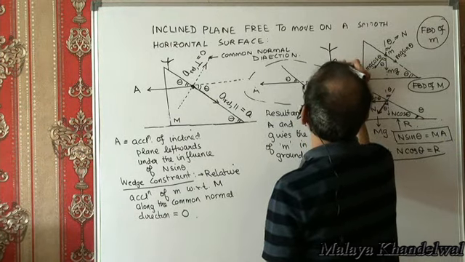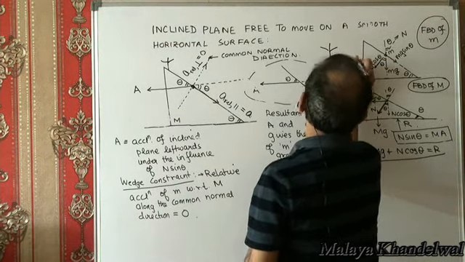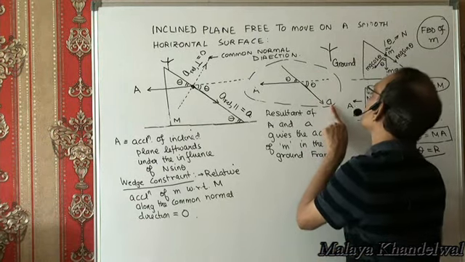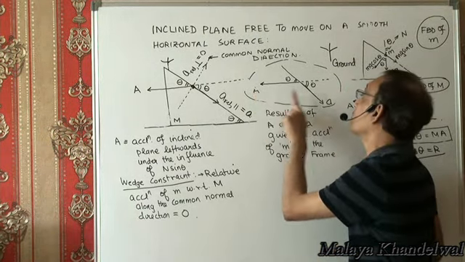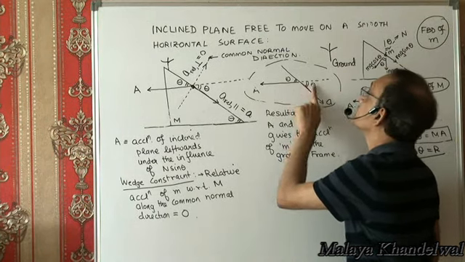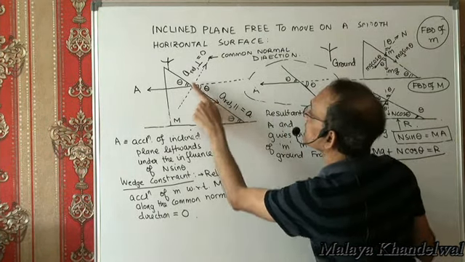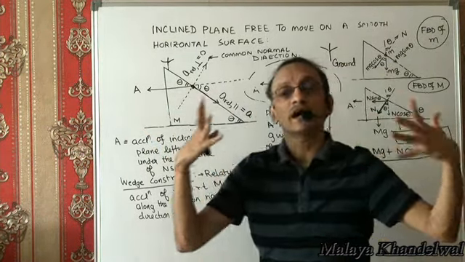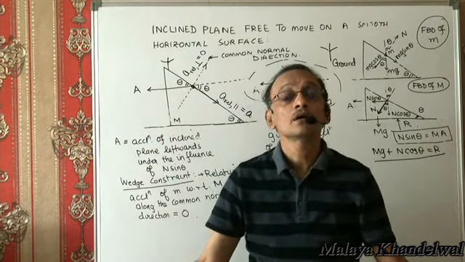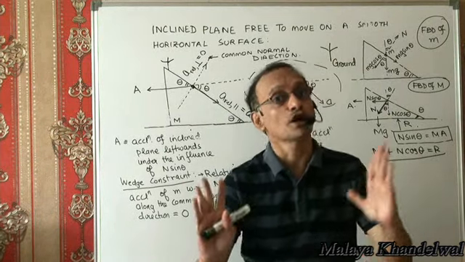If this was a ground observer, then the ground observer would think that the resultant of the relative acceleration plus the acceleration of the observer, which is the inclined plane, small a and capital A, this angle is theta, as you can see, would give me the acceleration of the particle m in the ground frame.